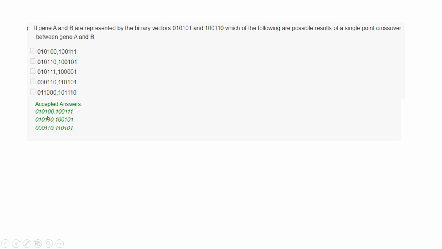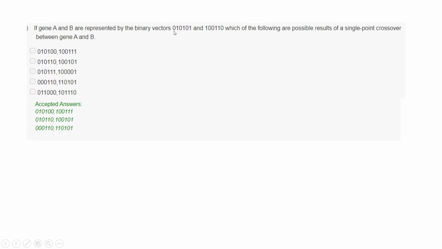Next one is 0, 1, 0, 1, 1, 0. Second option. So 0, 1, 0, 1. In the second last place, the second last places are switched. 0, 1 and 1, 0 are switched. So yeah, this is also true. And in this option, the 0, 1 here in the second place is swapped.